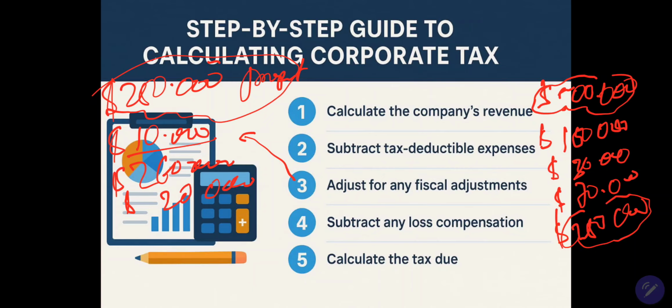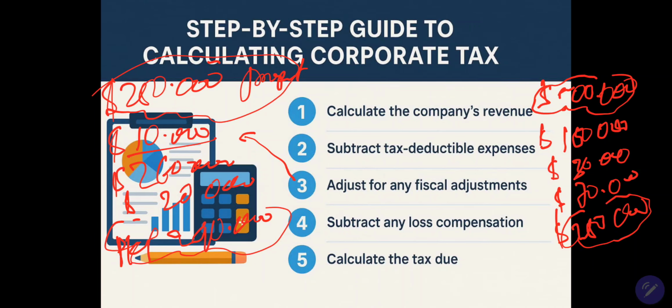So right now taxable income or PKP is $260,000 minus $20,000, and it becomes $240,000. It is the taxable income.